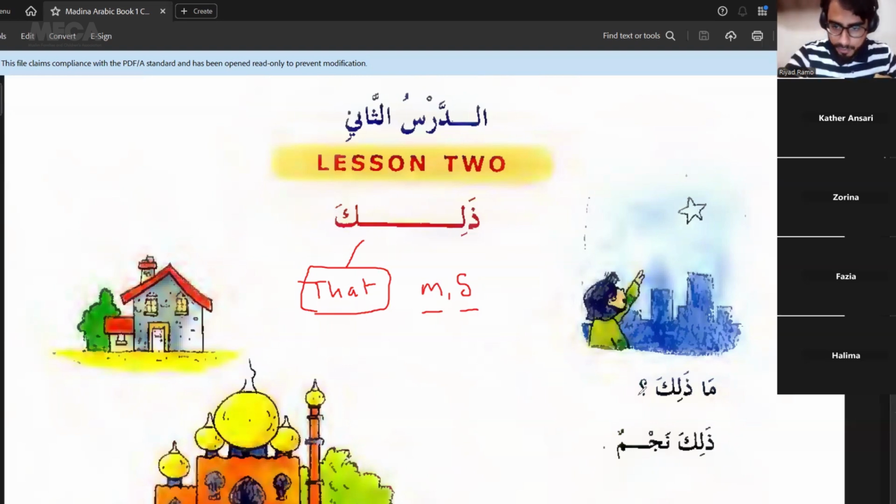Dhalika najmun. That is a star. Najmun is a singular star and it's masculine. I didn't say those are stars with the S. That's another lesson for another time. Dhalika najmun. That is a star.